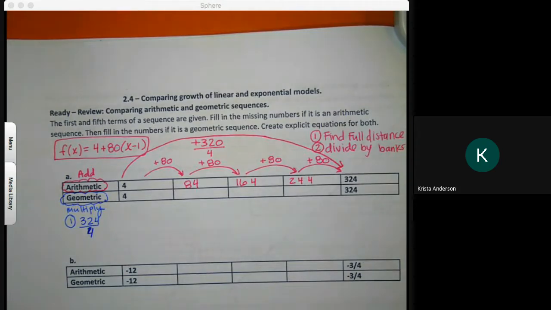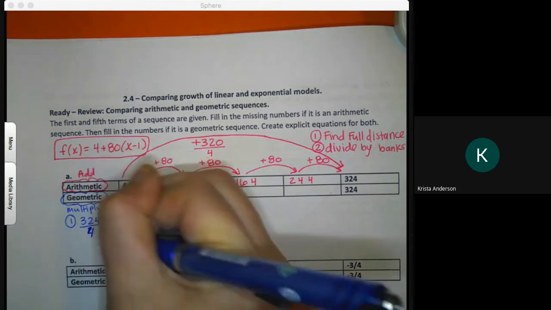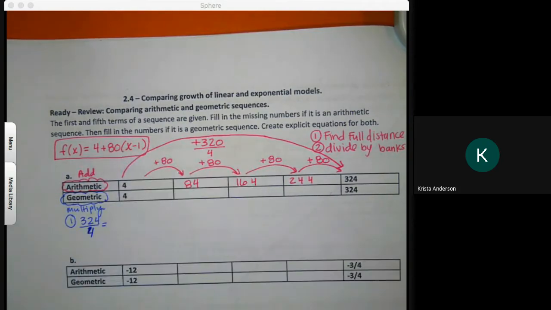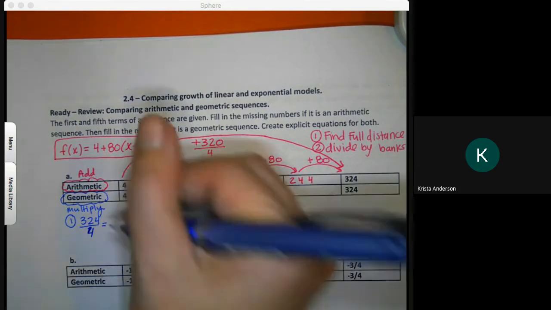When we're doing geometric, we just start by dividing, which equals, let's see, 2, 4, 8, 16, wait, 4, 8, 81?